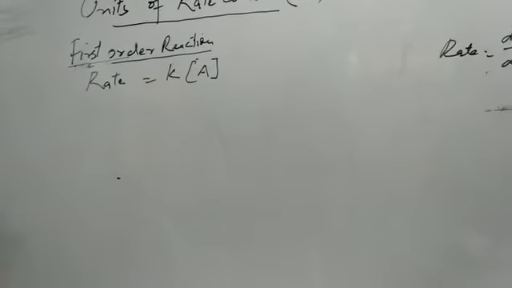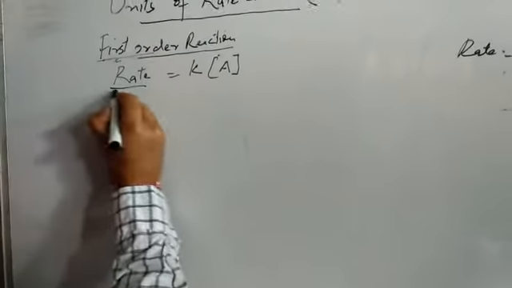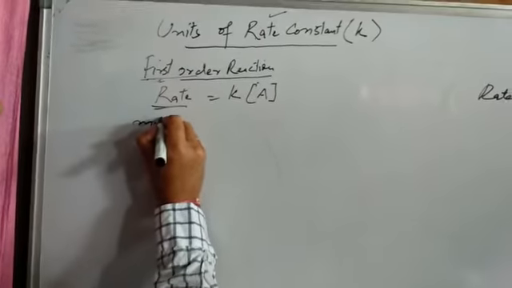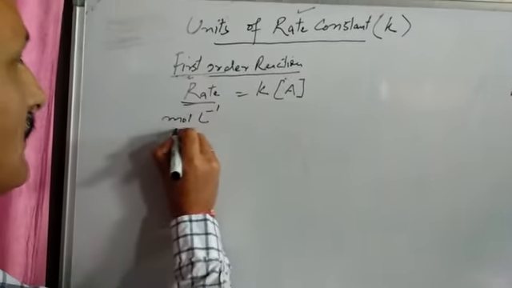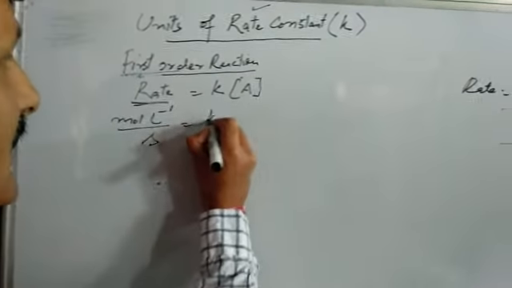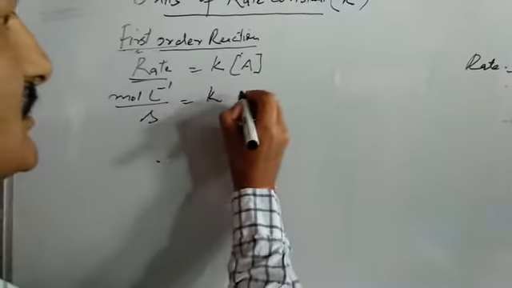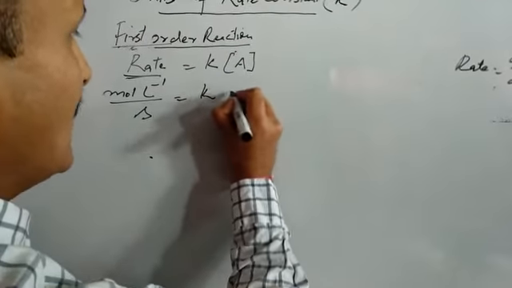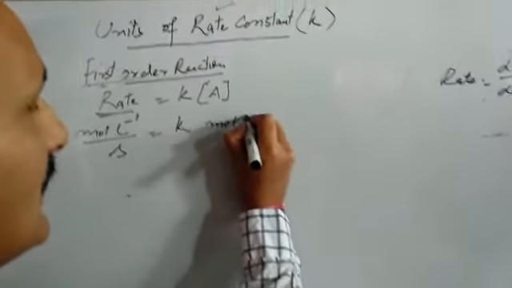Now let us find the rate. What is the unit of rate? Again, mole per liter per second. Then K, and this is the molar concentration, mole per liter. The unit of concentration is mole per liter.